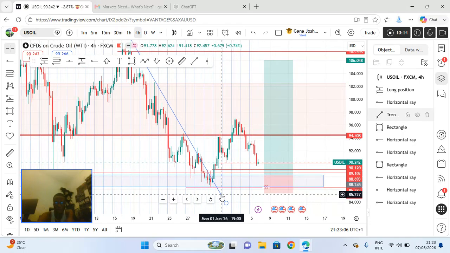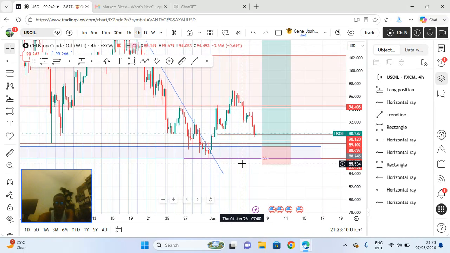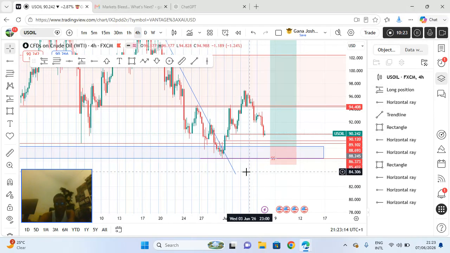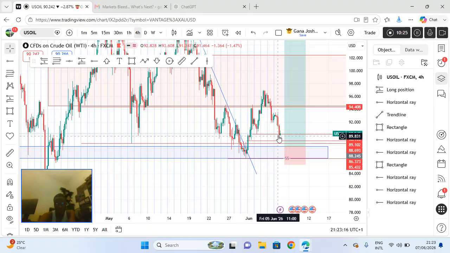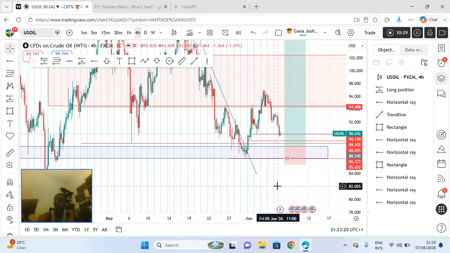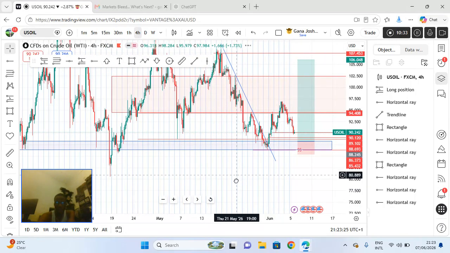But let's not forget that this is a strong resistance. So this low can be tricky, but there are some buy opportunities here. So that's what I see on oil.